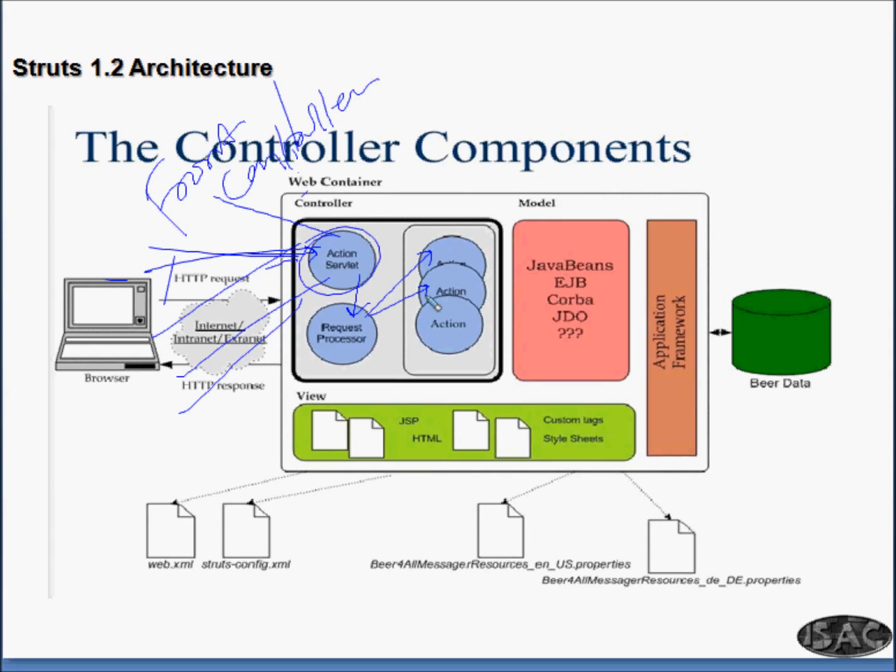So as per the action, some processing will happen, and then some view will be generated. If this action, this JSP page, there is a mapping somewhere. Where is this mapping available? This mapping is available in struts-config.xml. This is my deployment descriptor file, web.xml.